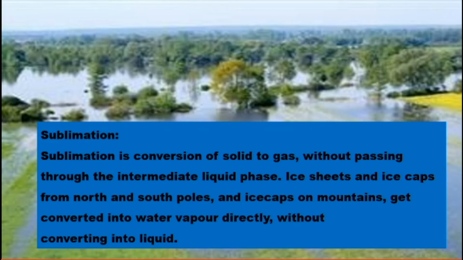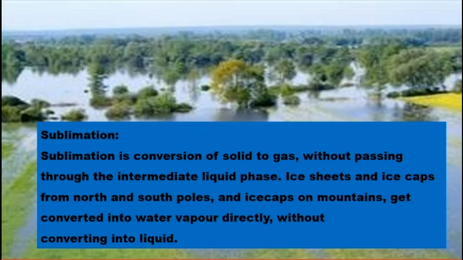Sublimation. What do you mean by sublimation? Sublimation is the conversion of solid to gas. Water becomes a solid like ice. Ice normally melts into liquid, and after liquid it becomes gas, but here the solid becomes gas directly.